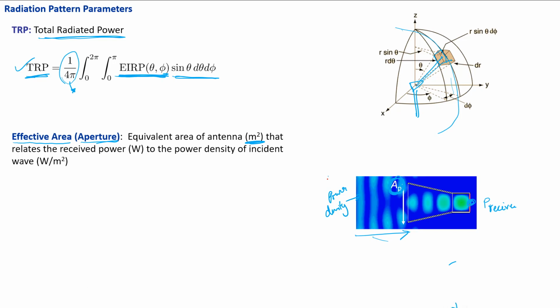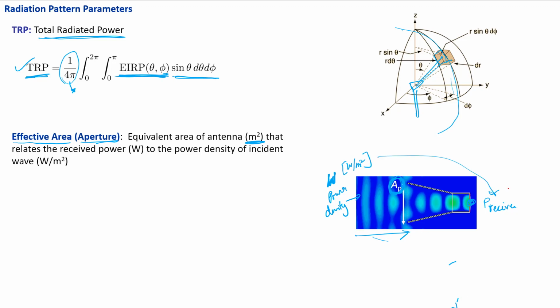How much of this power density, usually denoted by the letter W, meaning watts per meter square, is able to translate to the received power in watts. So we multiply that by the area, which we call the effective area of the antenna.